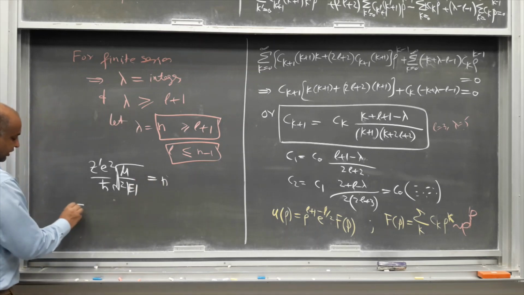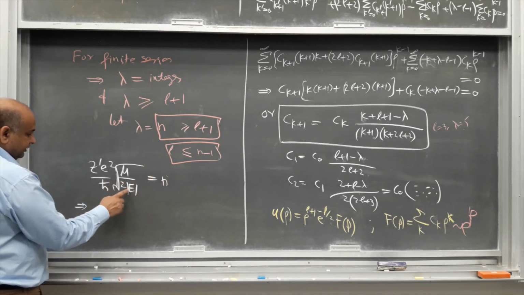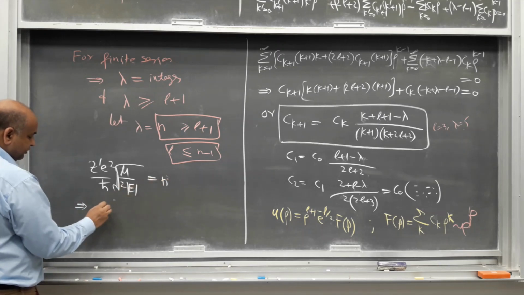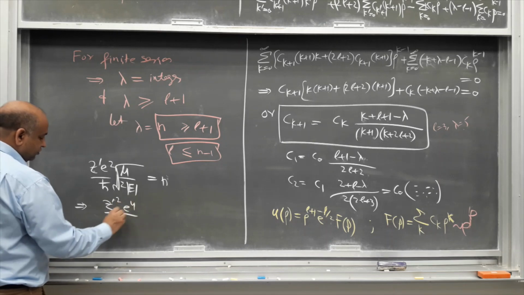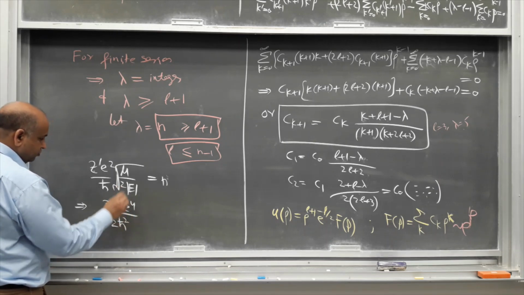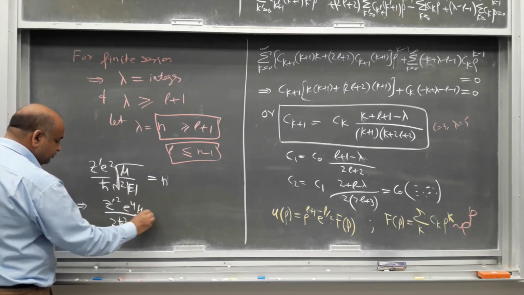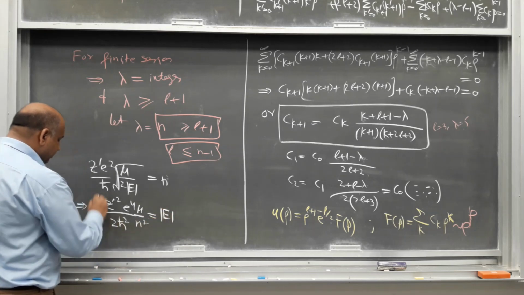I can now quickly find this E mod. Let's take the square on both sides, and I can take this there and this here. So by square Z prime square e to the fourth mu over 2 h bar square n square is the energy.